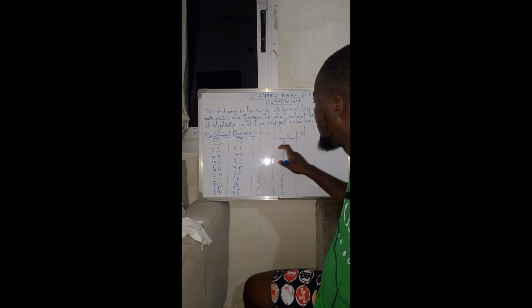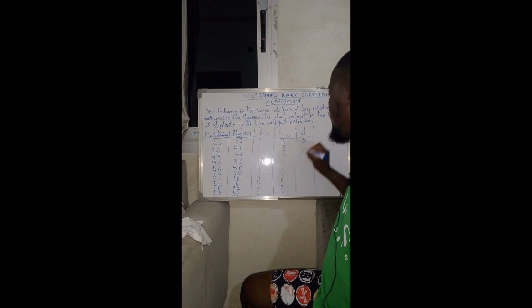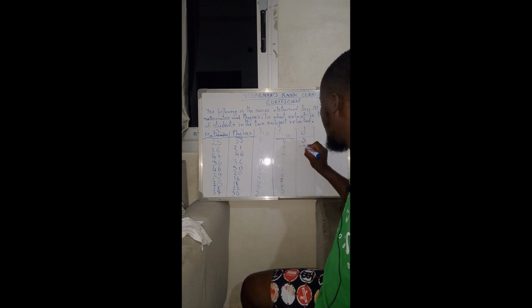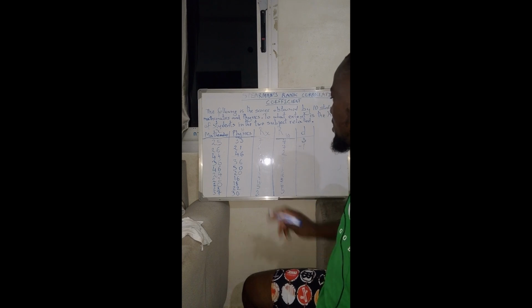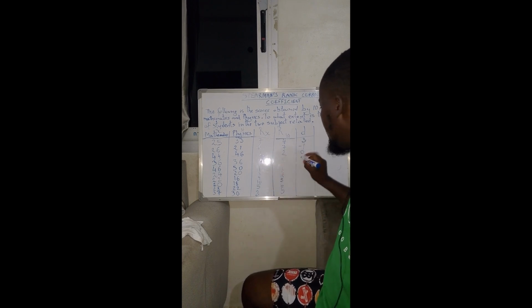And here we have 7 minus 4 is equal to 3. We have 6 minus 7 is equal to minus 1. We have 2 minus 2, we have 0. 4 minus 3, we have 1. And 1 minus 1, we have 0.